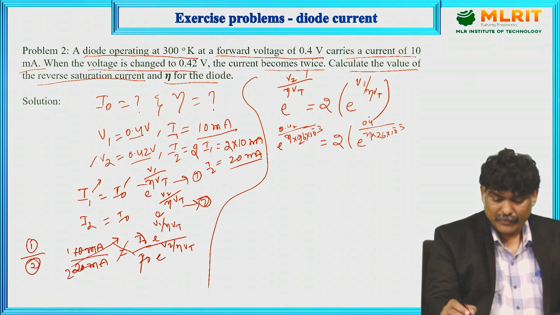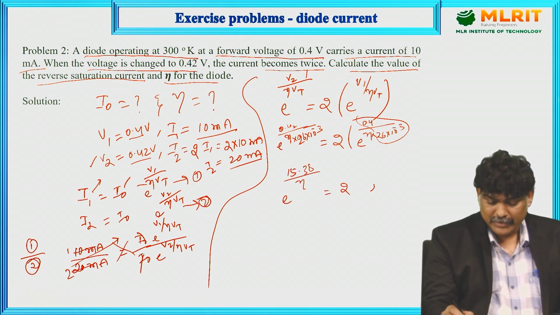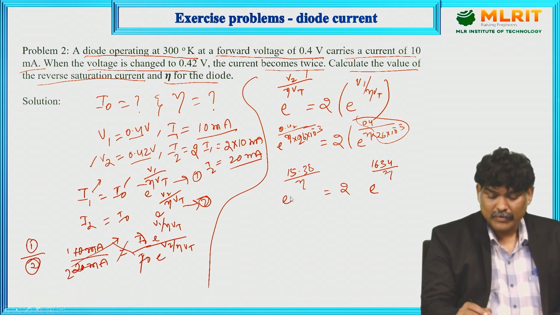Okay. If you solve for these values, approximately you will get 15.38 upon eta, and this is 2 times e to the power 16.34 upon eta. Now to solve for this, let us apply natural logarithm on both sides.